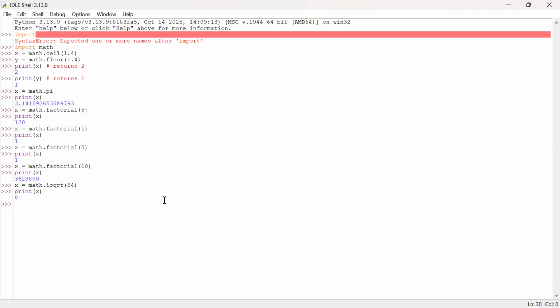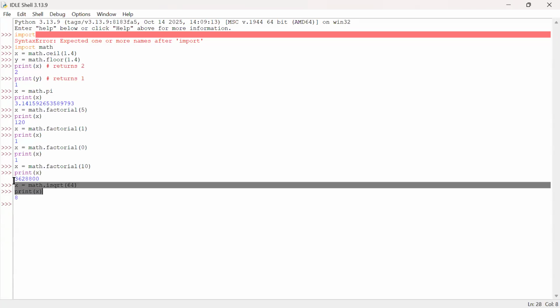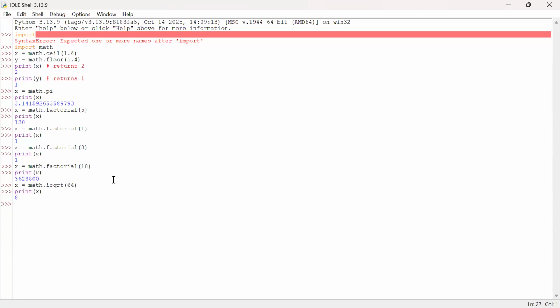So try square root of something like 3. We know square root of 3 is not a whole number. It has something like 1.7 something. So try it out. Remember to change the 64 to 3. Hit enter.